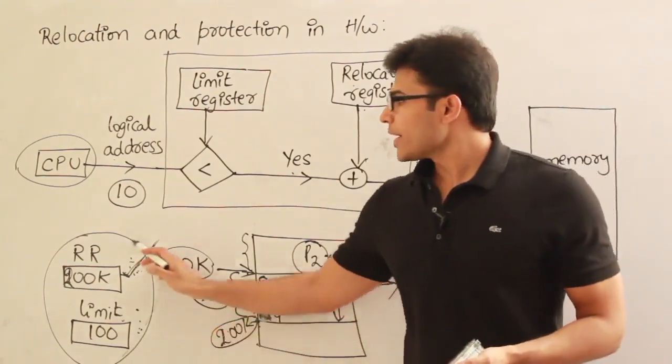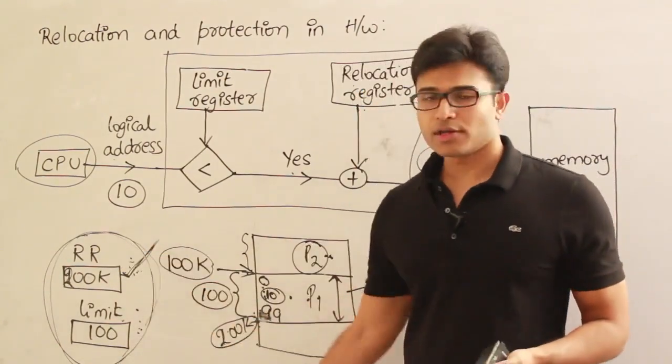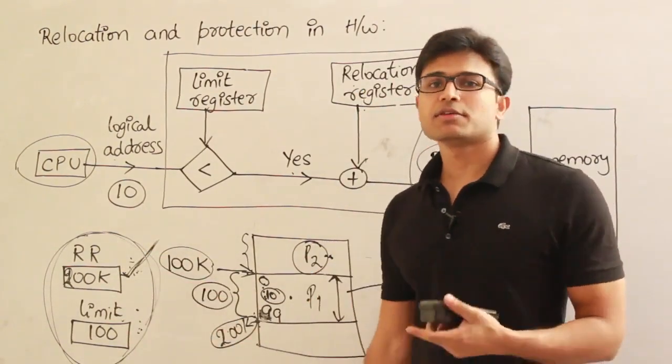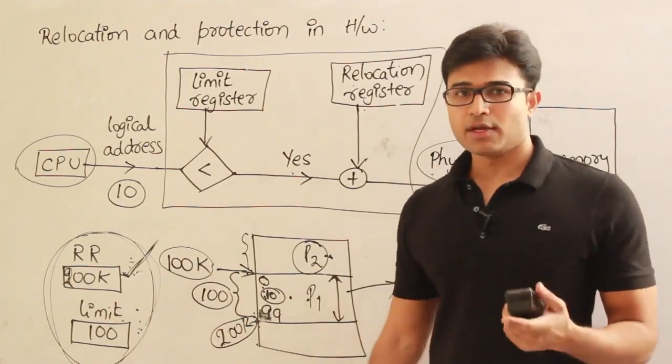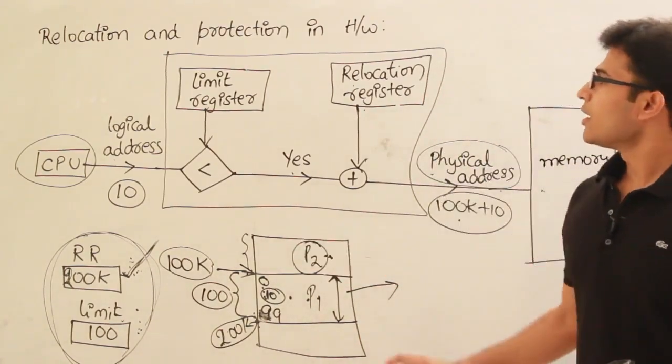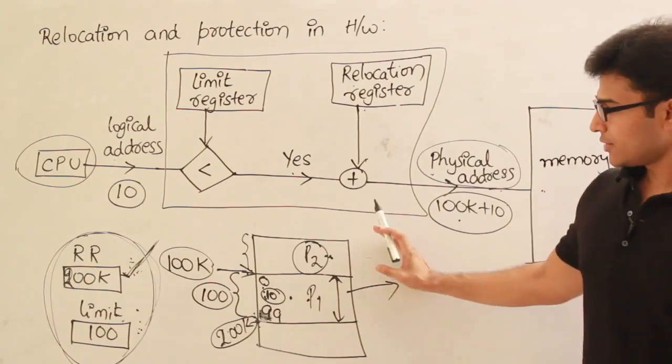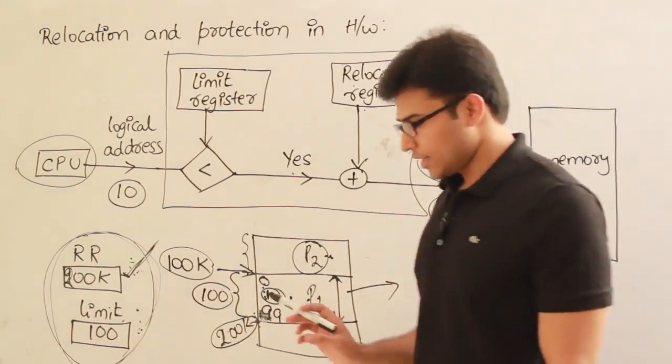Therefore, these are actually privileged registers, and in order to access them, we need special privileges from the operating system. That is how the operating system can provide both protection as well as relocation.